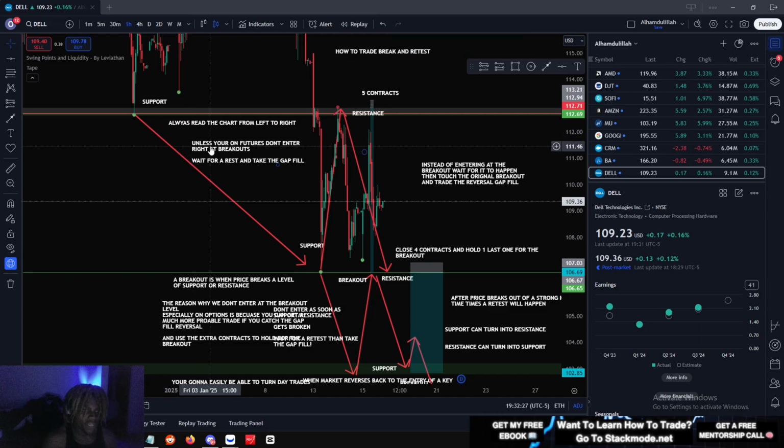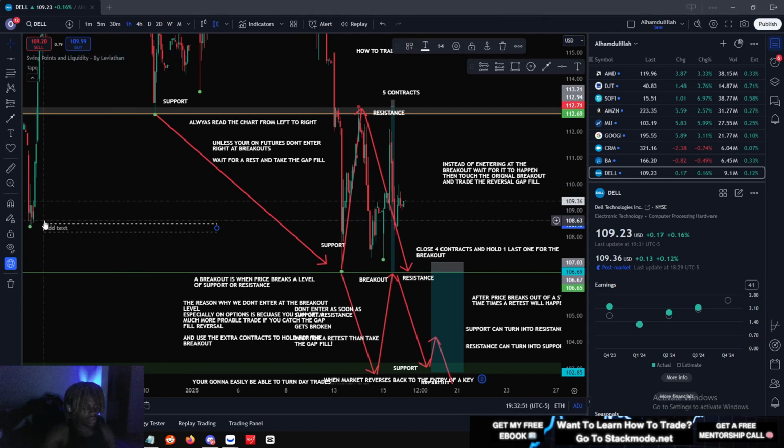A gap fill meaning if price decided to break this area of support, stop at some place, right? And then the entry decided to create break and retest. The entry decided to be like, okay, I'm going to short here again at the entry. It's just going to go right back down to where it stopped before. And that's what I mean by the gap fill.